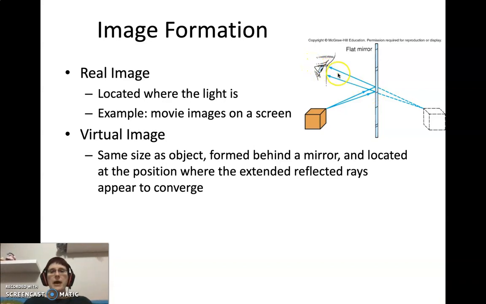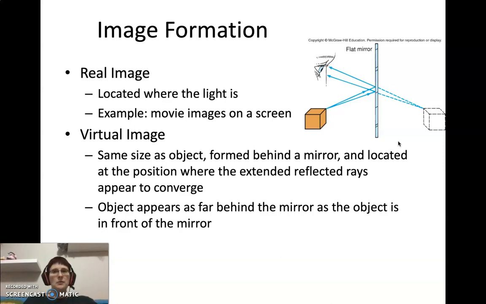If we trace those back, your eyes are seeing the reflected rays, but because it's looking at that flat mirror surface, if we trace the rays back, straight back, that's why that image looks like it's behind the mirror, because our brains are putting that object straight back in the same line as those light rays appear to be coming from, even though they're actually just getting bounced off of that mirror, originally coming from the object that we're looking at.